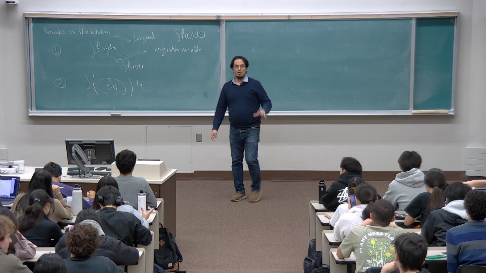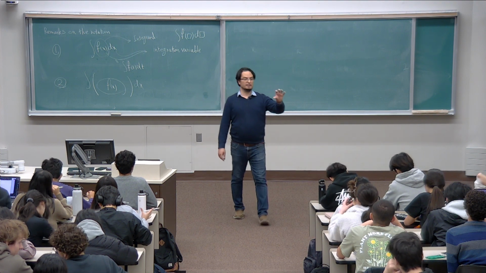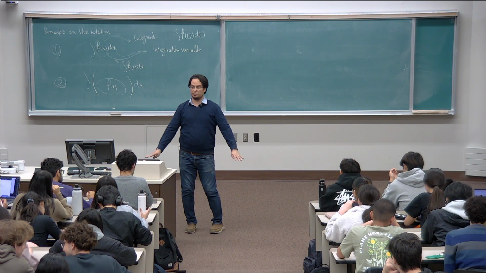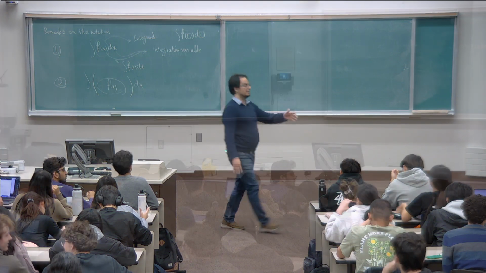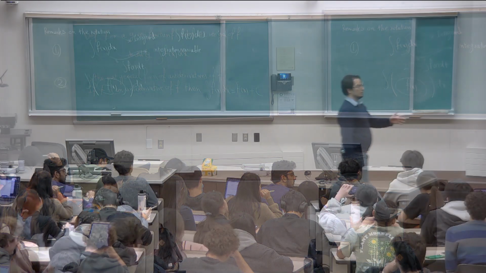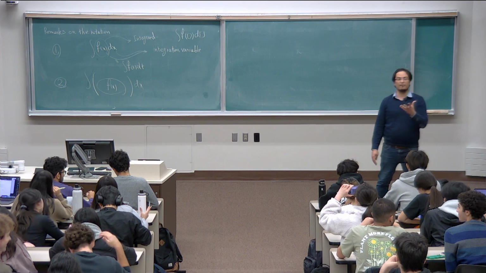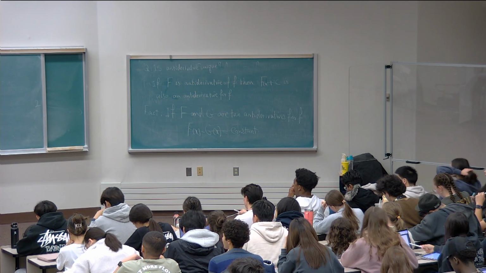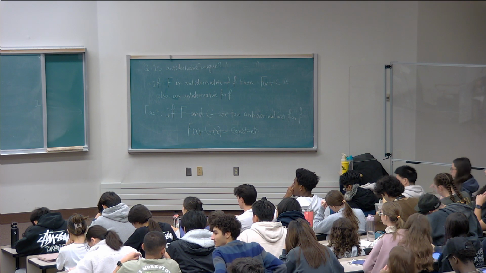Now, after we learned about derivatives, we learned a whole bunch of differentiation rules. I want to now repeat that for indefinite integrals. We want to have our own table which covers antiderivatives or indefinite integrals.